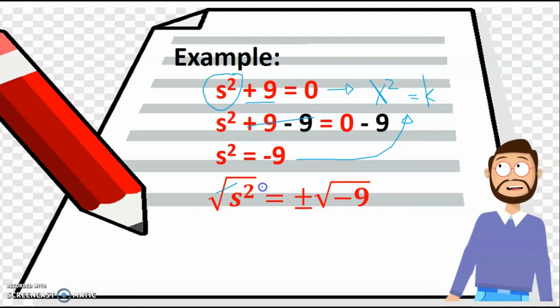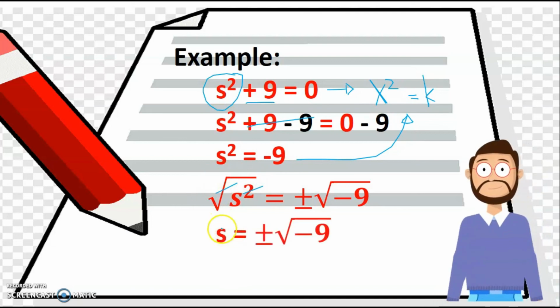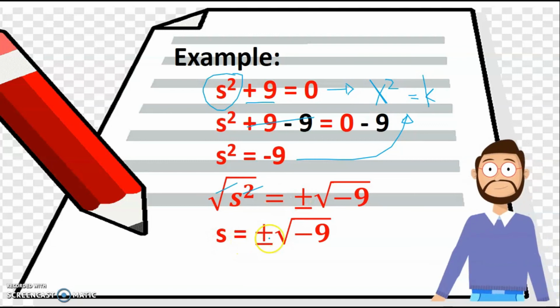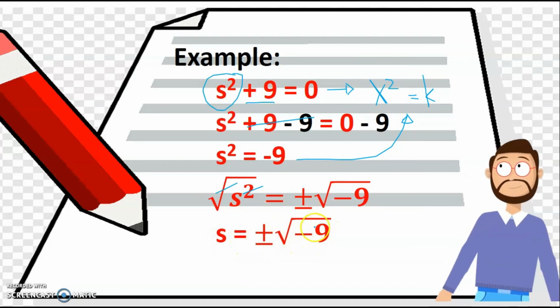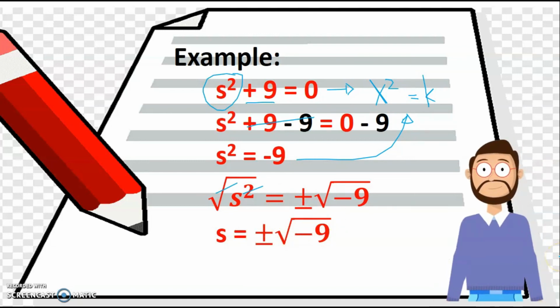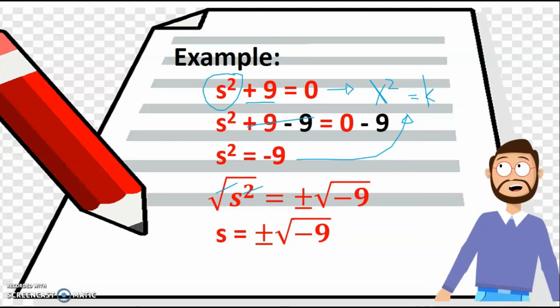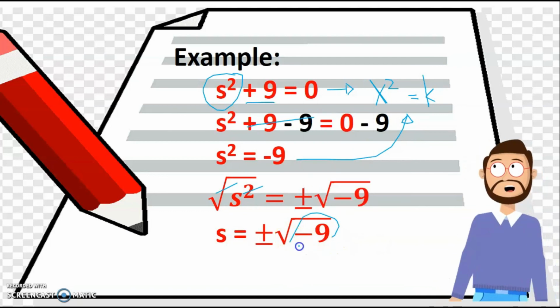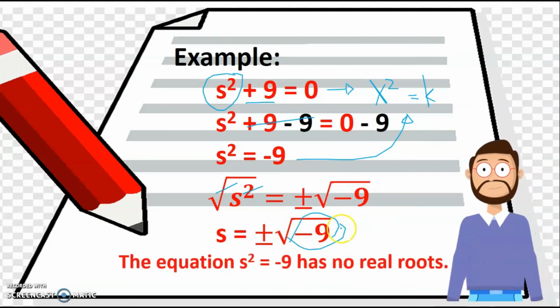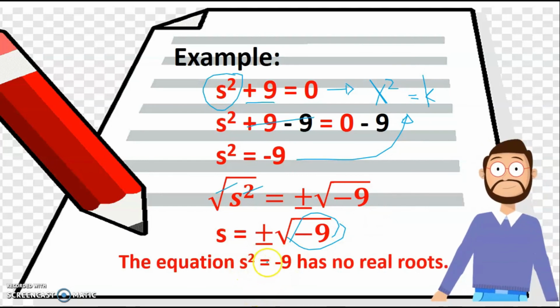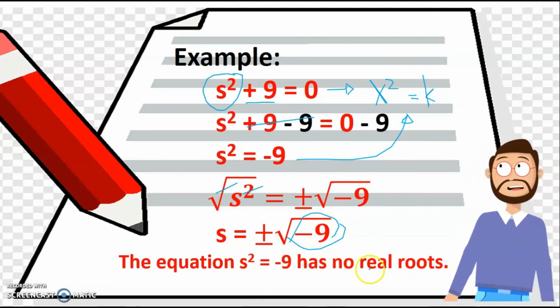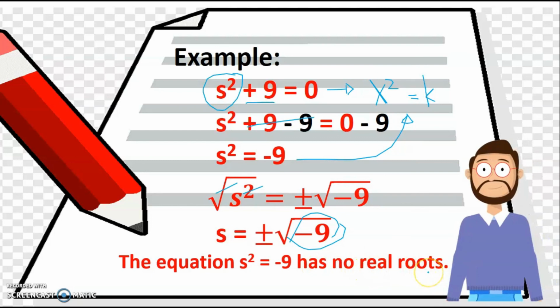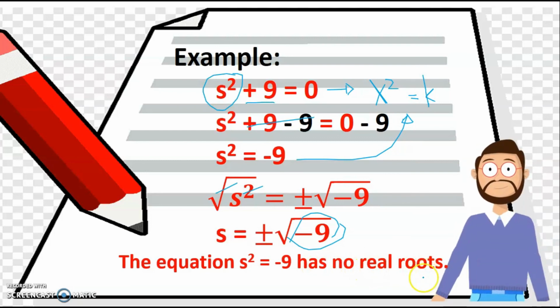The square root and squared will be cancelled out. That will give you s is equal to positive negative square root of negative 9. Now, since there is no real number that, when squared, will give you negative 9, therefore, the equation s squared equals negative 9 has no real roots or solutions. Are we clear?